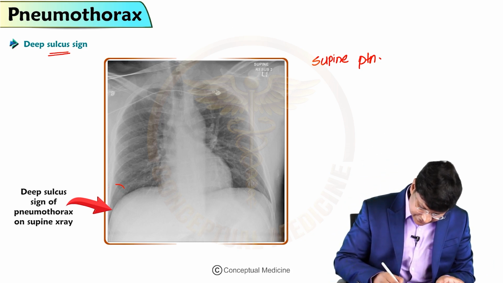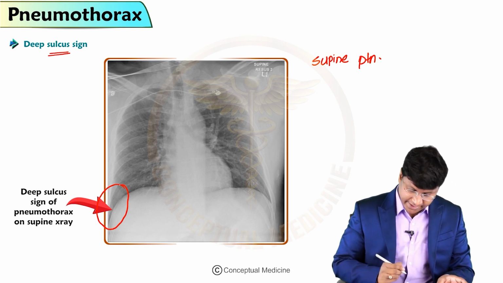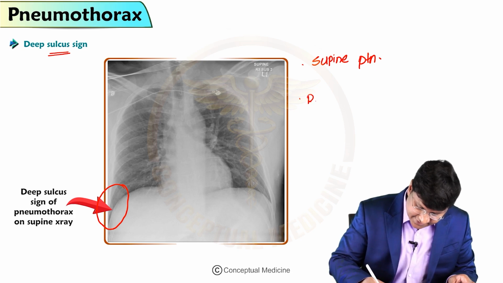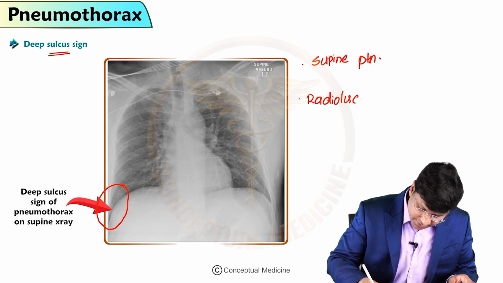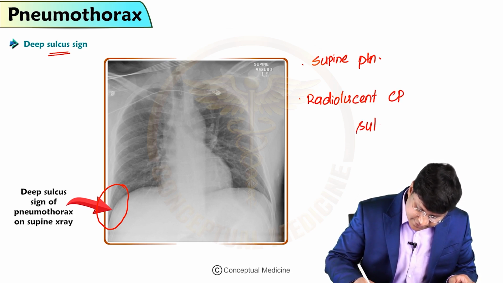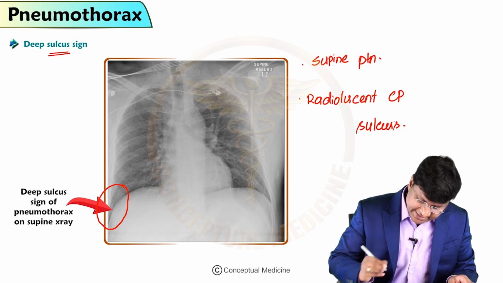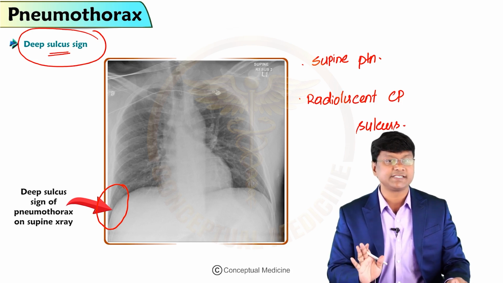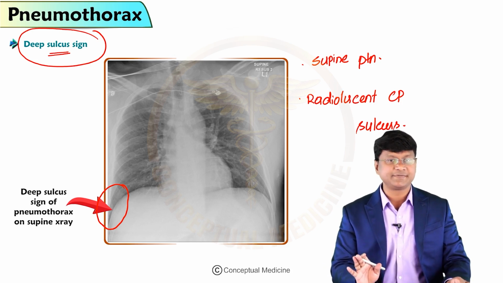You can see that here. This radiolucent costophrenic sulcus is the one which we call the deep sulcus sign.